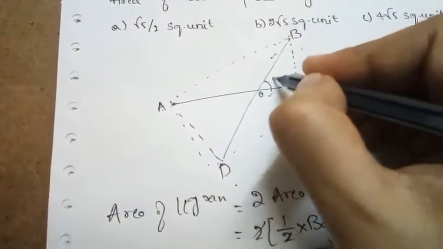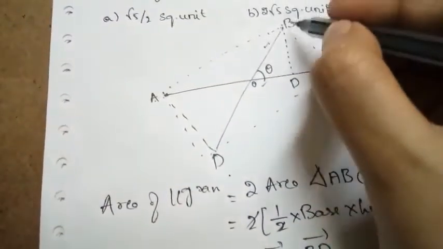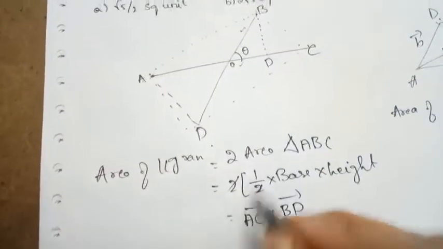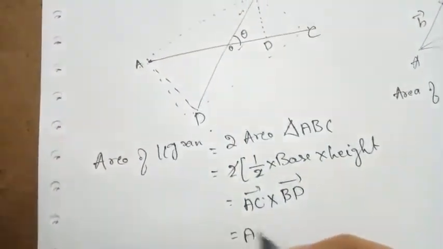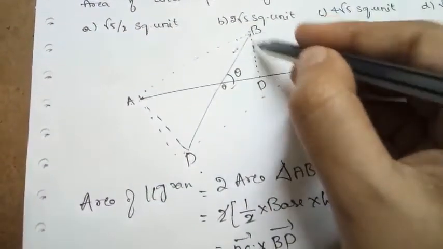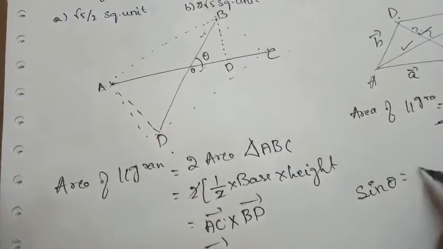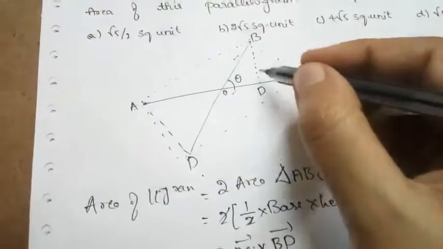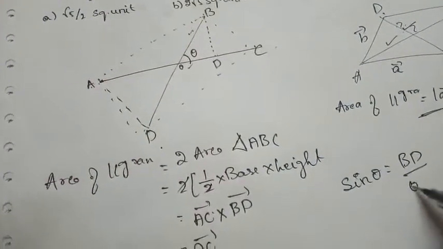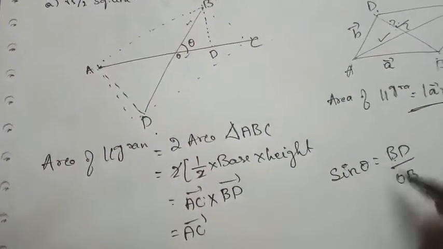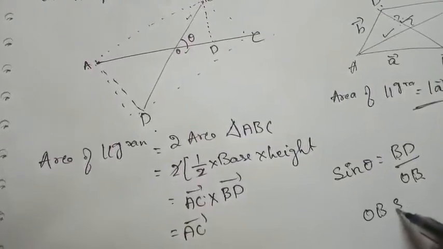Now suppose I call this angle theta. What is the height BD? Vector AC I will keep as it is. In the triangle OBD, BD is the opposite side, so sin theta is opposite by hypotenuse, which is BD by OB. So BD is OB sin theta.